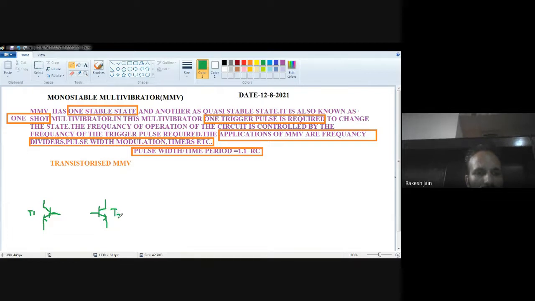Because in common emitter mode, the emitter is grounded like in the case of astable also, both are NPN transistors. Now the base of one transistor is connected with the collector of another transistor via a resistor, and the base of second transistor is connected to the collector of first transistor with the help of a cross coupling done by a capacitor.